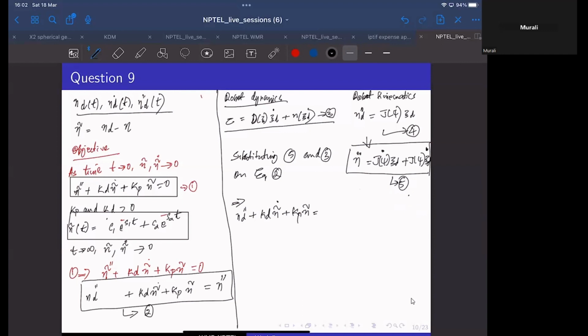This would be equal to j dot of psi zeta desired plus j of psi D inverse tau minus n of zeta. And from this equation, I'm calling this equation 6. If this is equation 6, our objective is to find the control input.